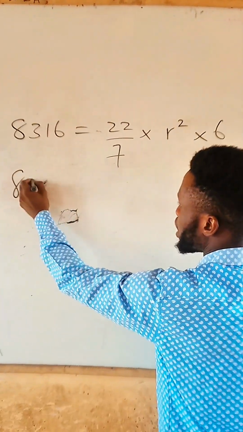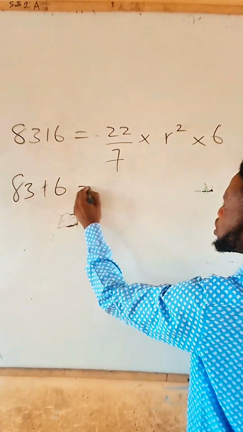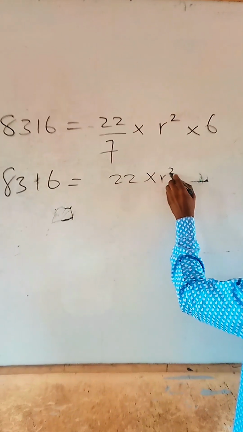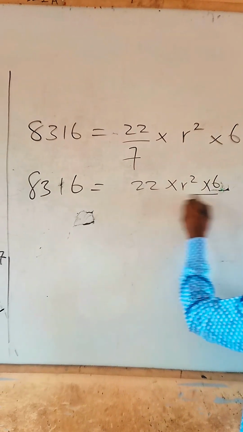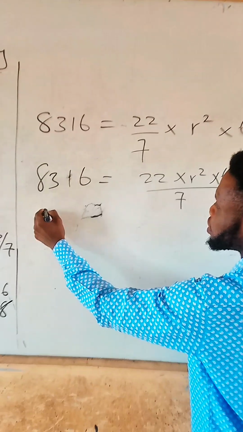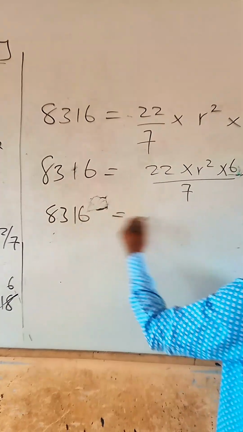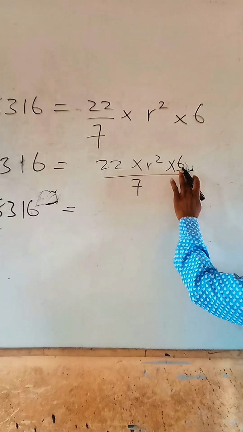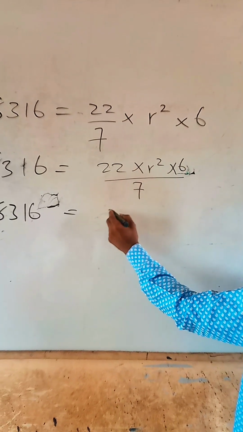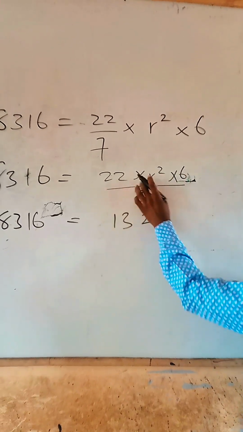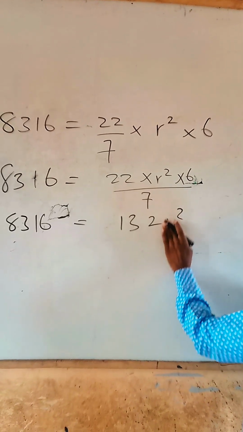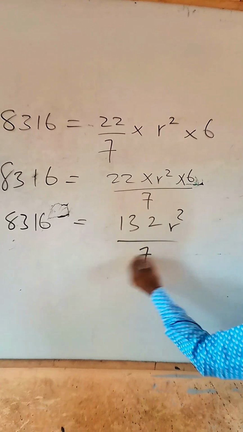So from here we have 8,316 equals 22 times r squared times 6 over 7. 22 times 6 will be 132, so 132 r squared over 7.